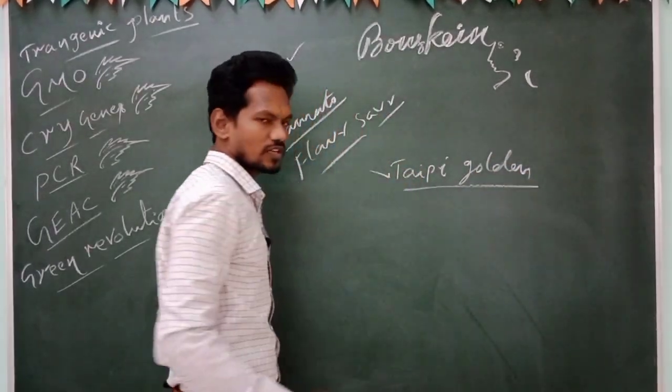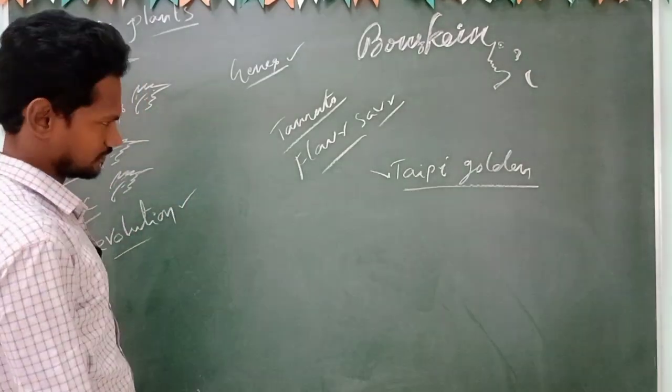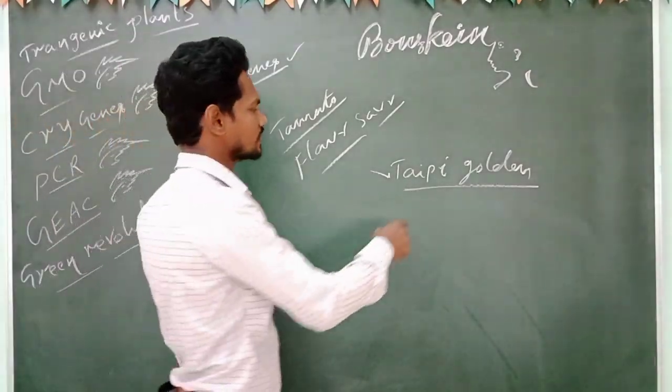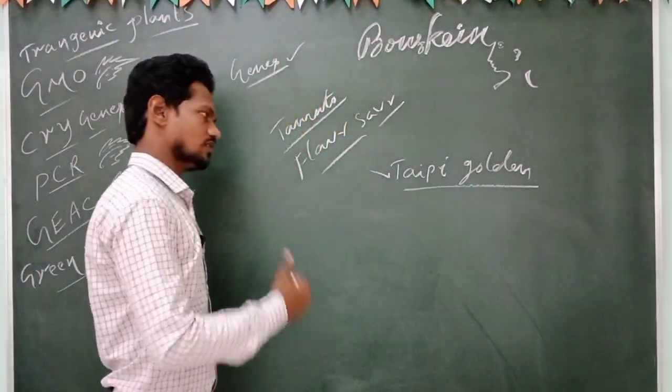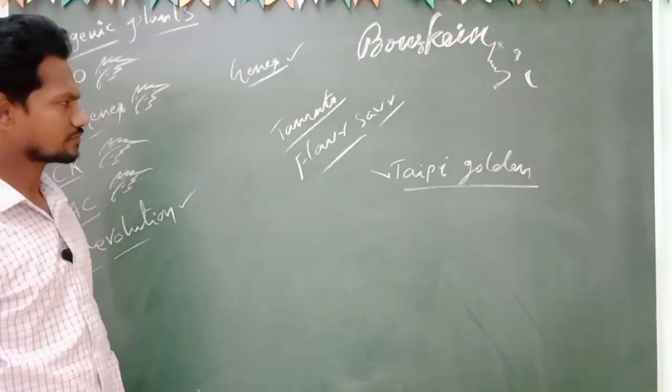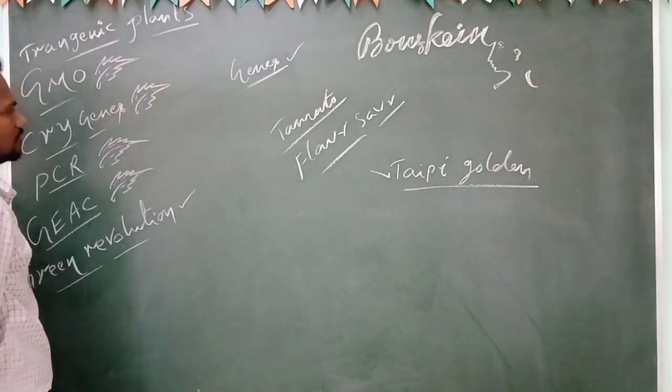Golden Rice also comes under transgenic plant varieties. It is highly rich in vitamin A and also beta carotene. So these two come under transgenic plants as examples.